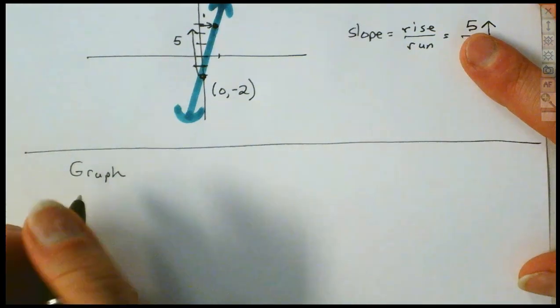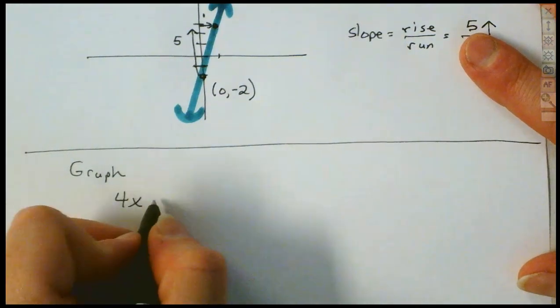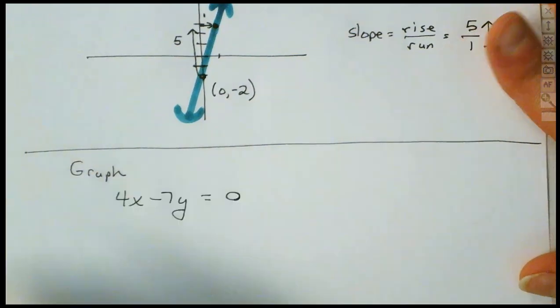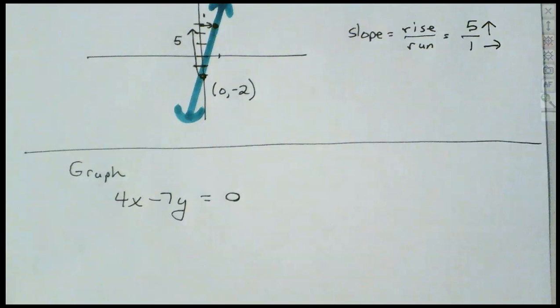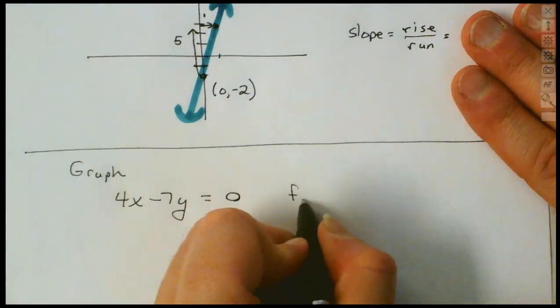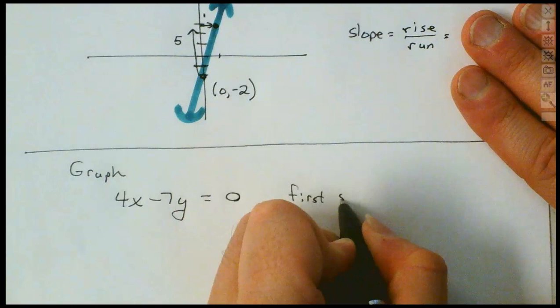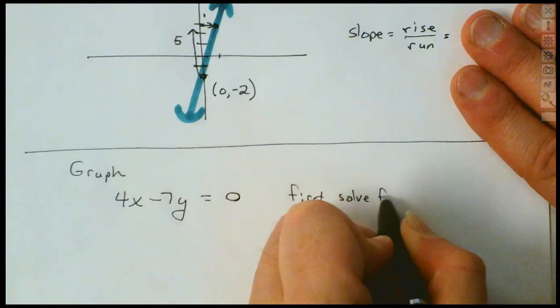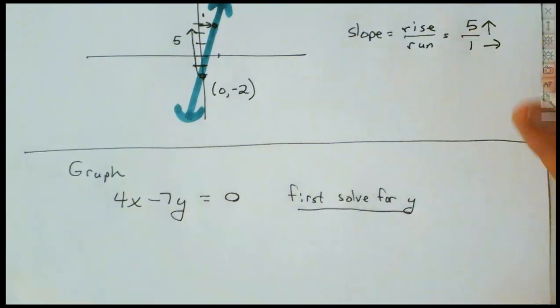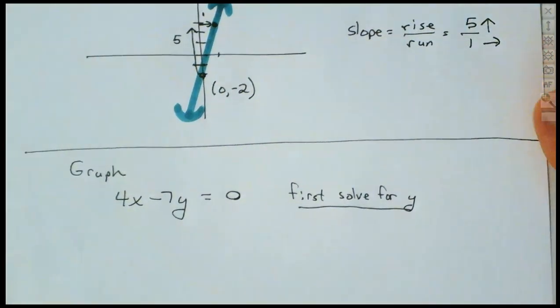How about we have 4x minus 7y equals 0. This one has not been solved for y, so the first step is going to be to solve it for y.